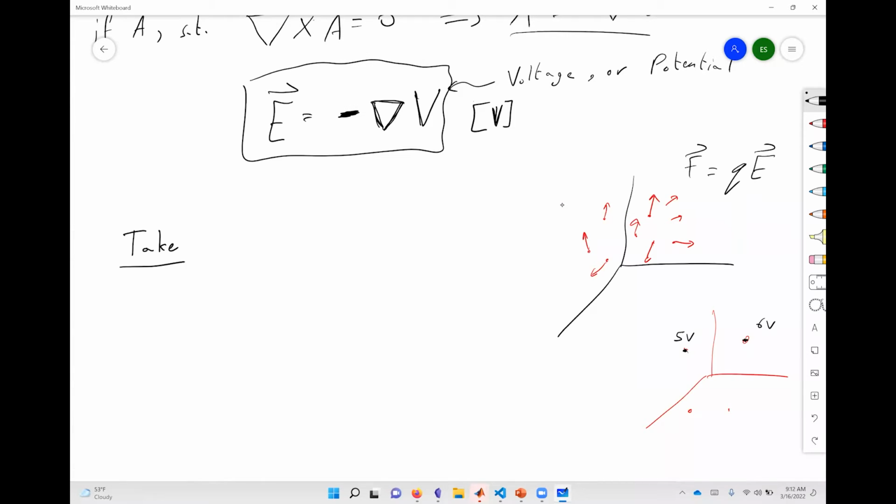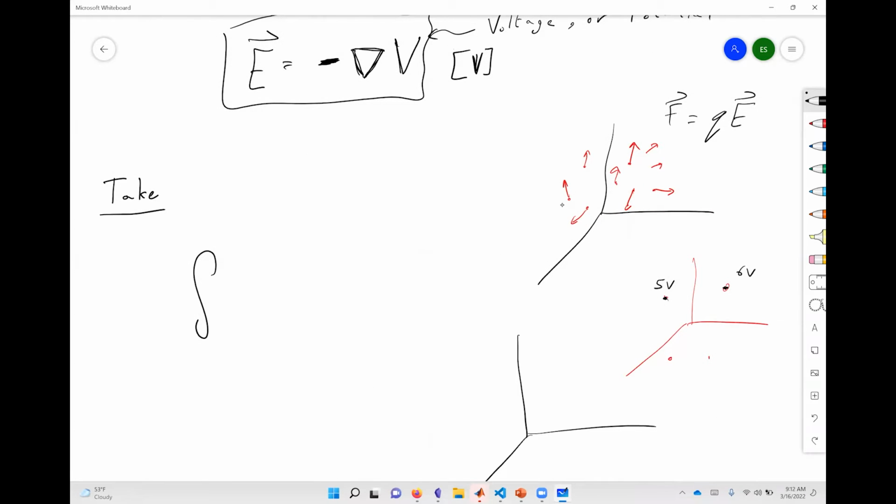Let's take the integral of E from point P1 to P2. So the integral of E dot dl. Now we know that I can write E as minus the gradient of V. So I can write this as minus the integral from P1 to P2 of gradient V dot dl.